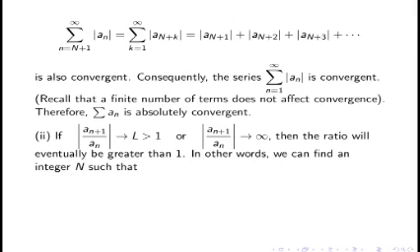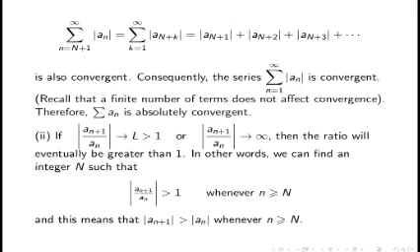And so we can find an integer N with the property that the absolute value of a_(n+1) divided by a_n must be greater than 1 whenever n is greater than or equal to capital N. But that means the absolute value of a_(n+1) is greater than the absolute value of a_n whenever n is larger than or equal to capital N.